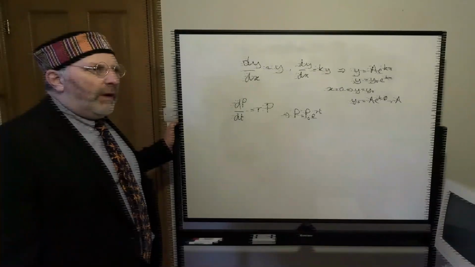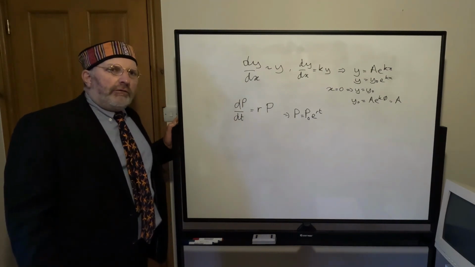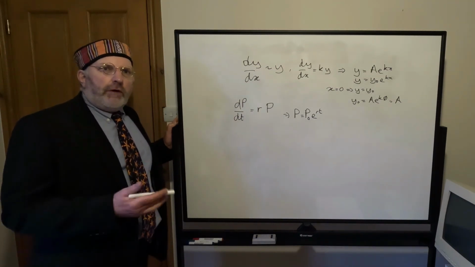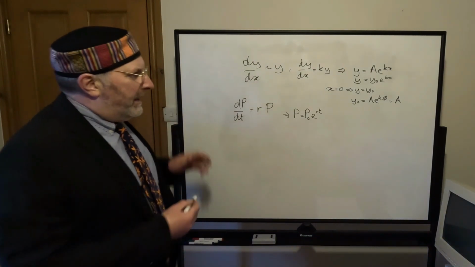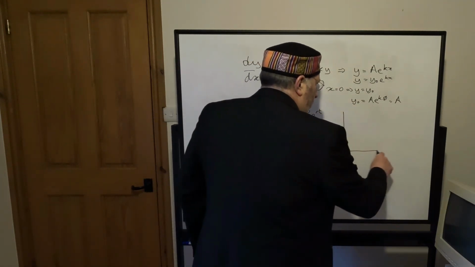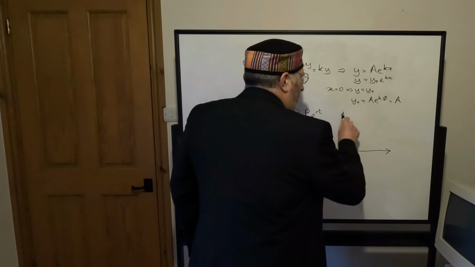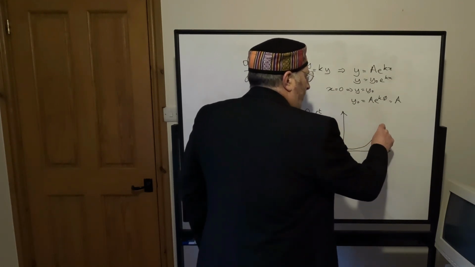The hyperbolic growth of world population is another issue to be dealt with later. And this is what worried Thomas Malthus, the 18th, 19th century clergyman who wrote about human population growth. He said that population growth is exponential. So it's going to look like that.